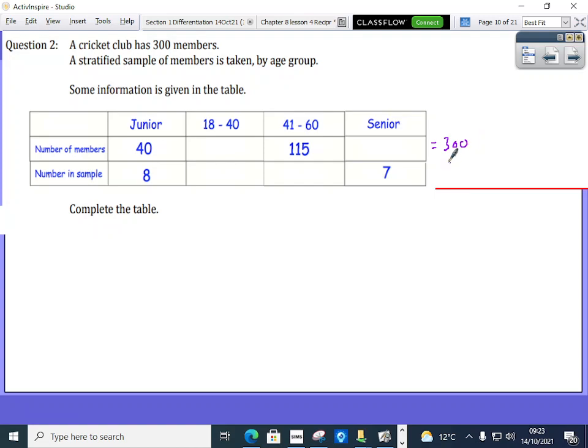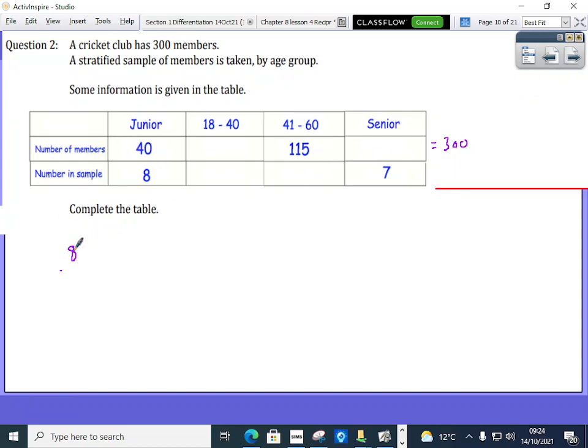Okay, that's the first thing to do. Now some information is given, and the stratified sample is taken. The first thing is to have a look at what's going on here. So in my sample, I've got 8. There were 40 members in this club.